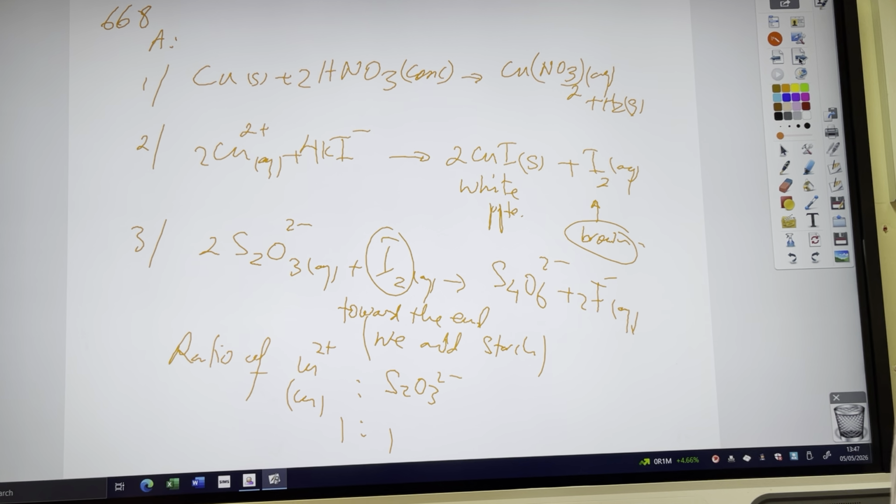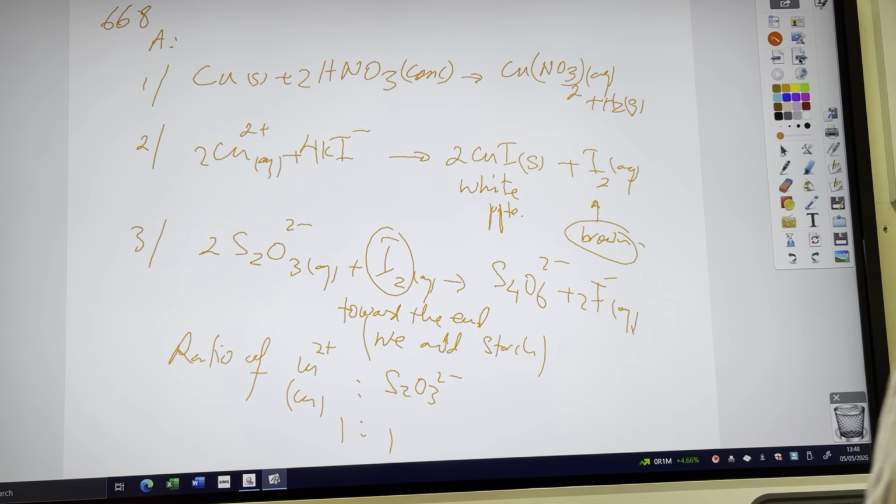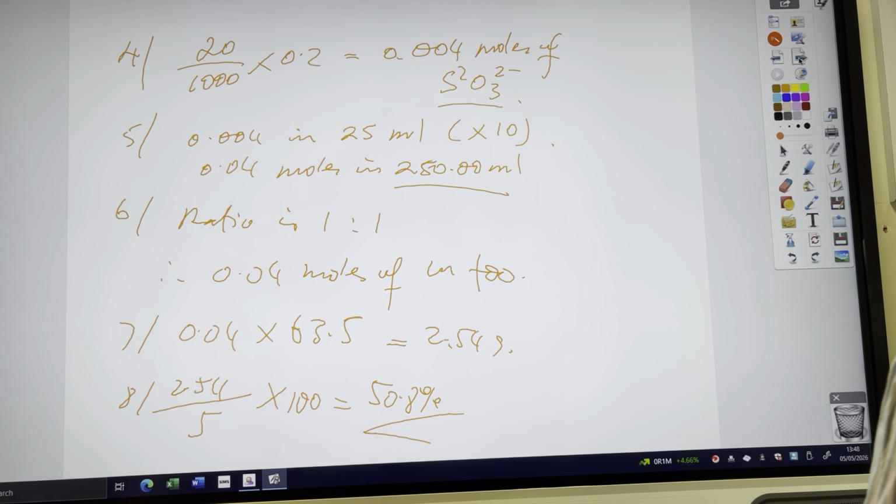You must write these equations for each of these things. You get marks. Must not omit them, because ultimately you have to show how you have arrived at a 1-to-1 ratio. And then the calculation is pretty simple, straightforward, like the acid-alkali calculation you did before.